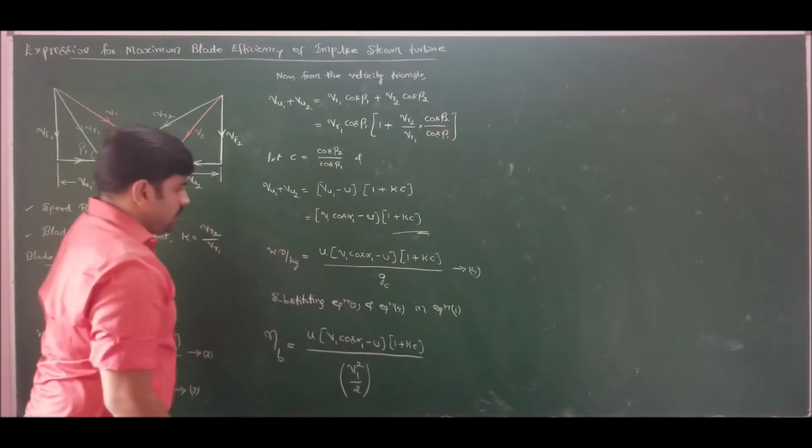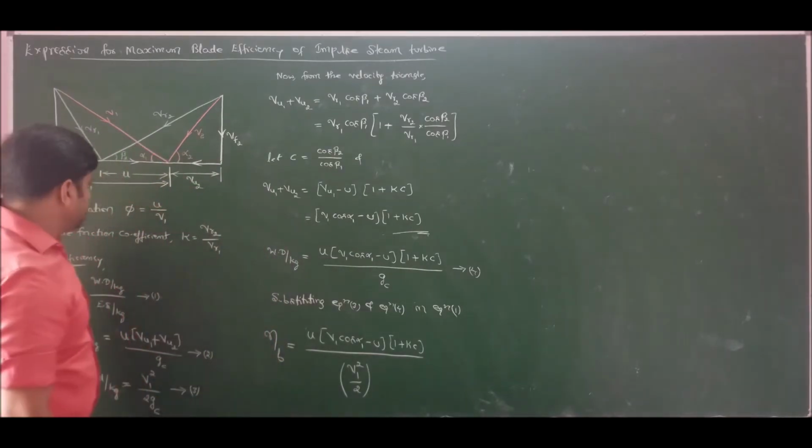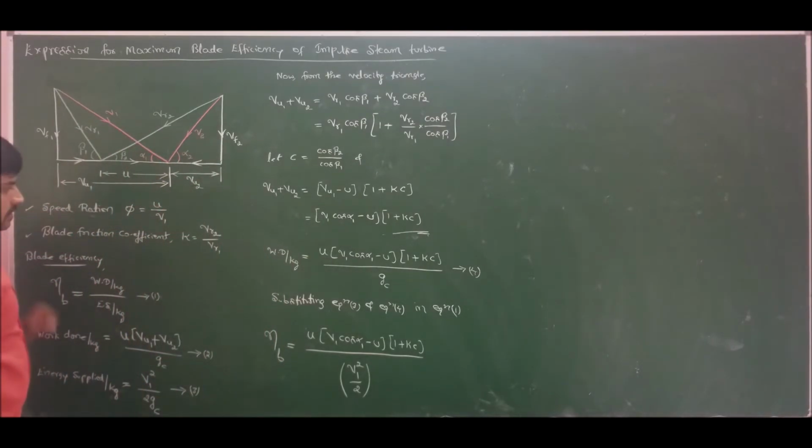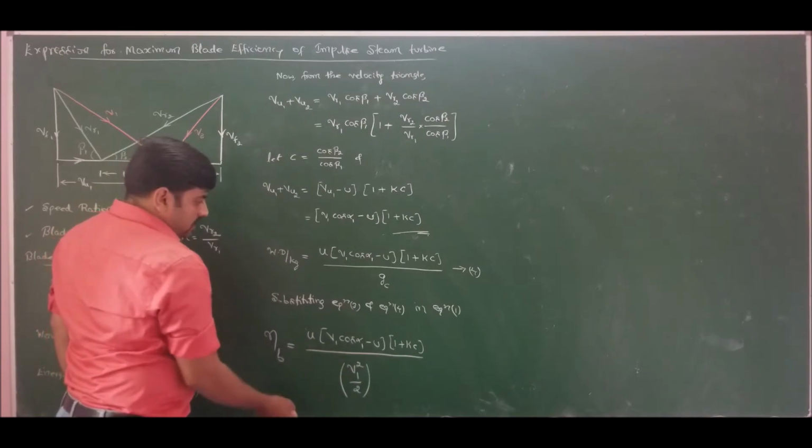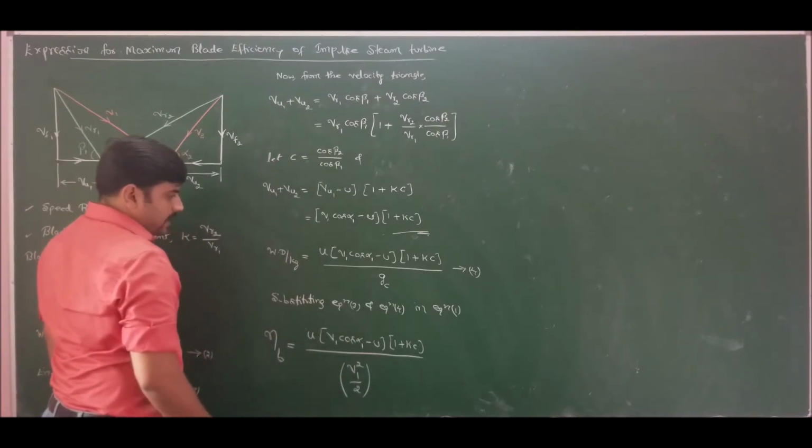GC will get cancelled. Now I will introduce the blade ratio, that is the speed ratio. Speed ratio is U by V1. So I will divide by V1 for this one and V1 for the inside separately.